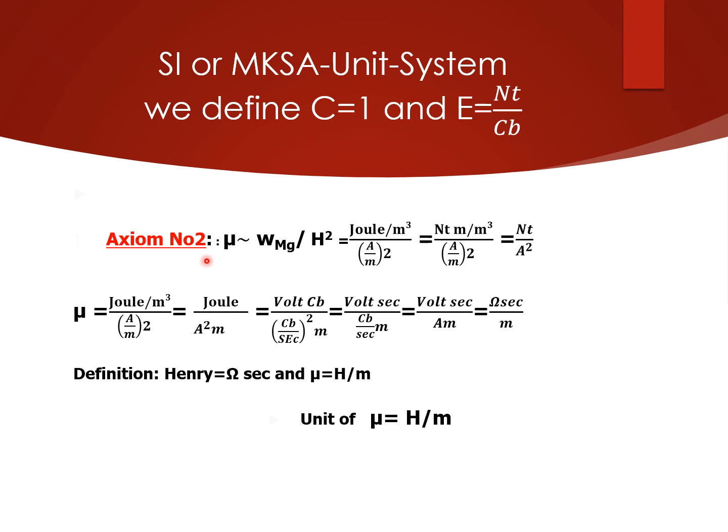From axiom number 2, we have the unit of mu, which, if we put in the units, equals Newton over ampere square, where mu finally becomes ohm times second over meter, and we define 1 Henry equals ohms times second, and the unit of mu is 1 Henry over meter.